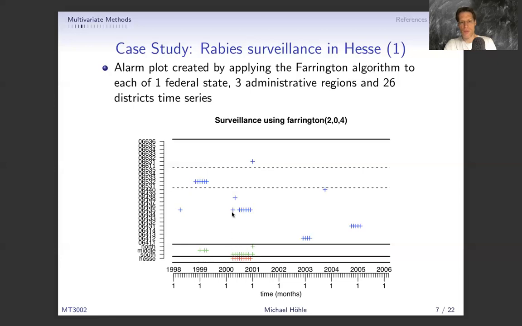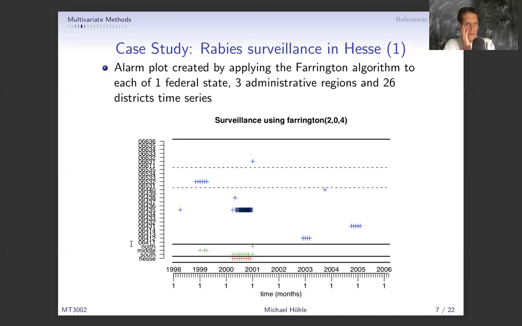And you can further drill that down by looking at the individual Kreis alarms, and you really see that where it originates from is this Kreis here, 06435. You could look at some kind of database, and 06435 is the Main-Kinzig Kreis, which is very close to the city of Frankfurt.